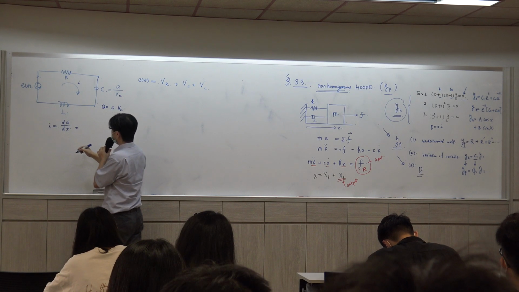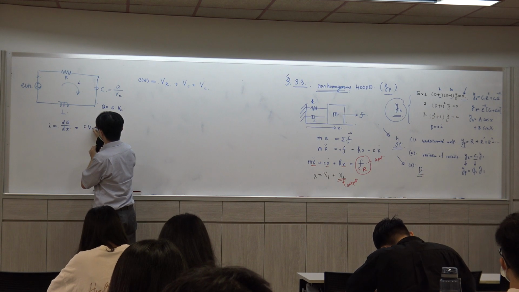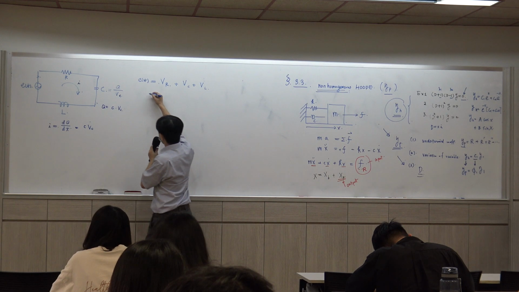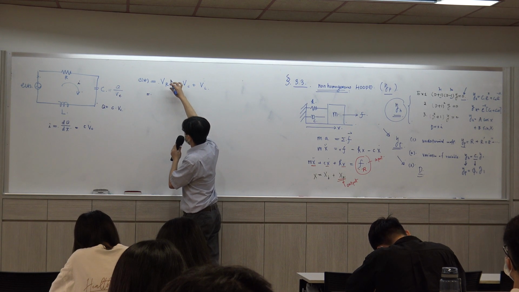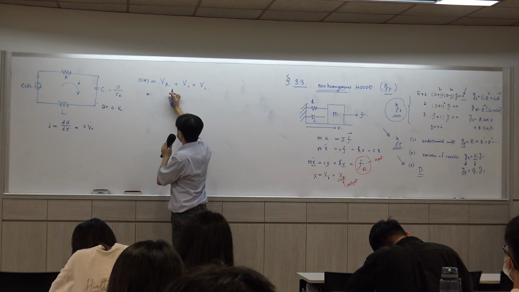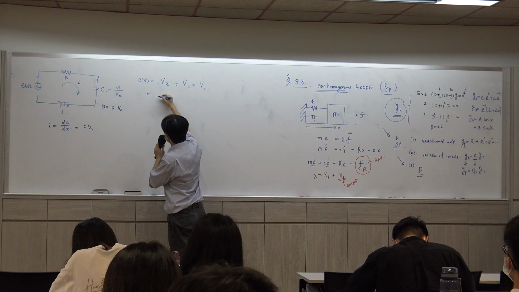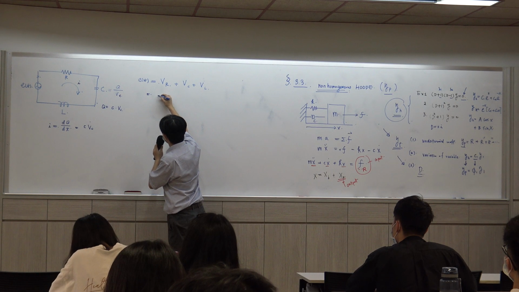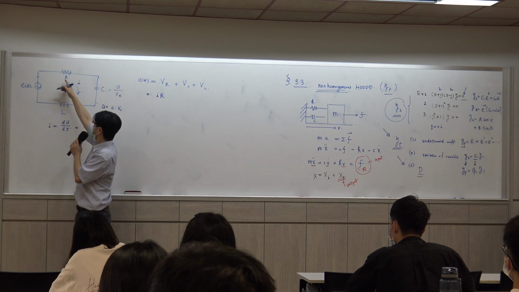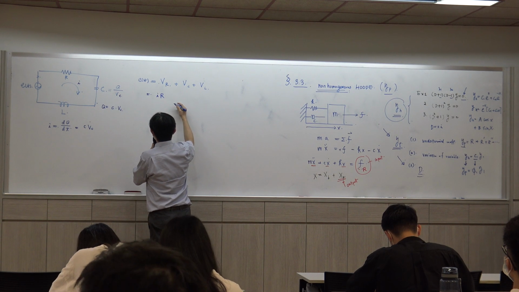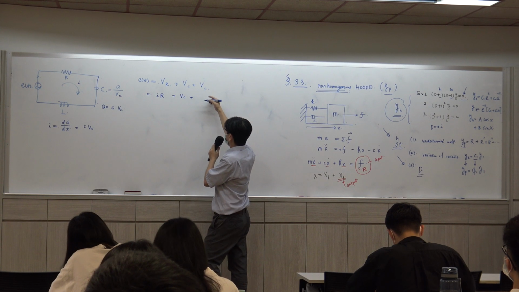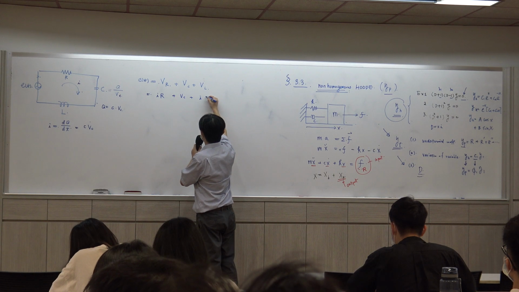So it equals C Vc dot, right? So here, according to Ohm's equation, Vr equals I times R for the element of resistance, and VL equals L times the derivative of I.